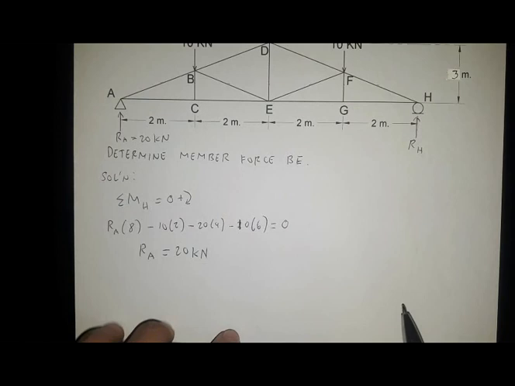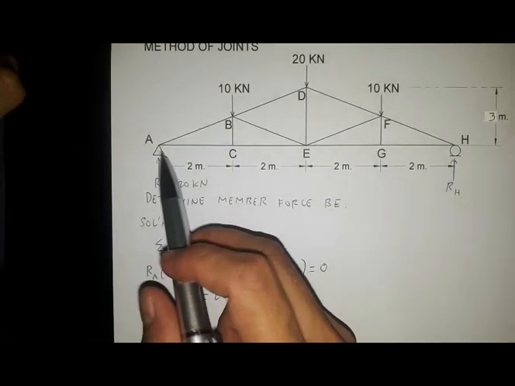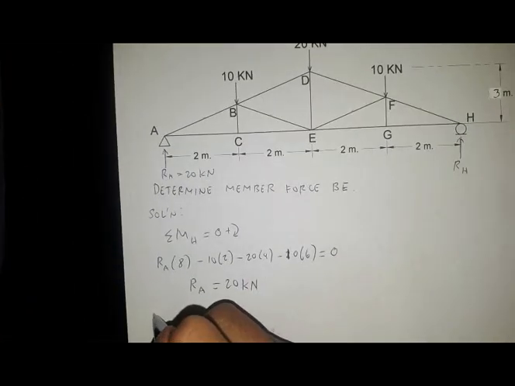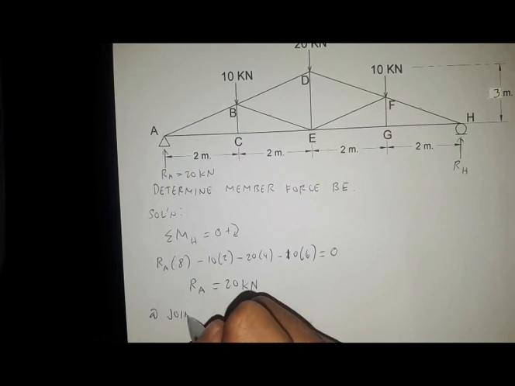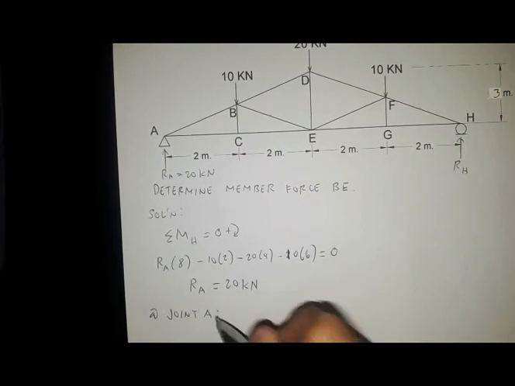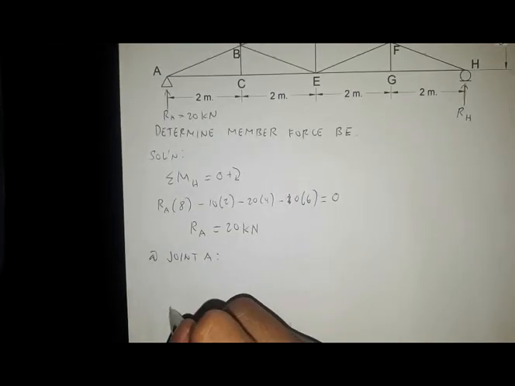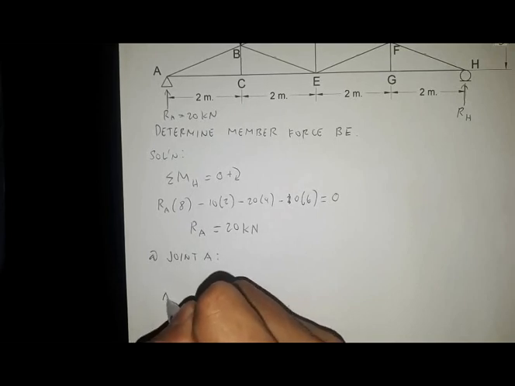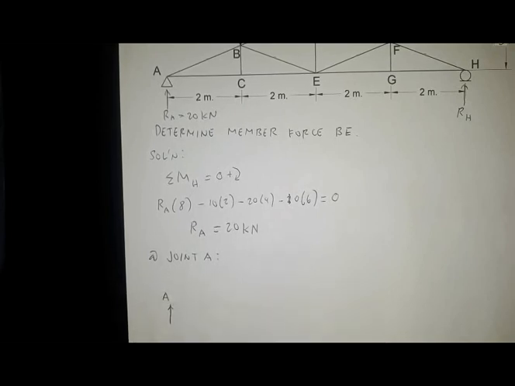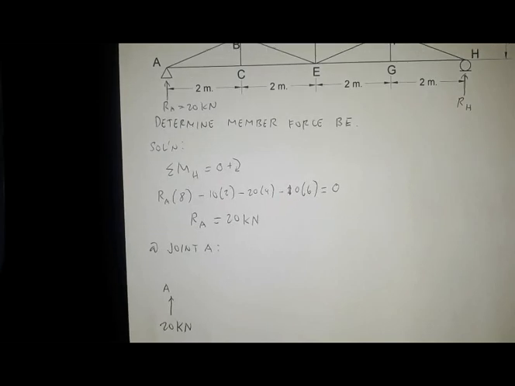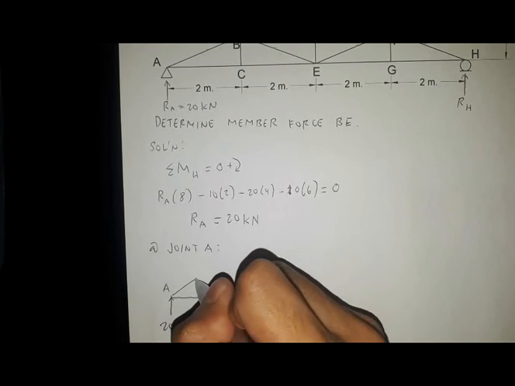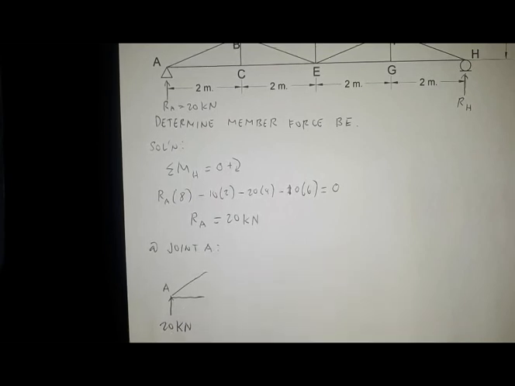Now let's proceed at joint A. So we have here RA of 20 kilonewton. Then we have the following forces.